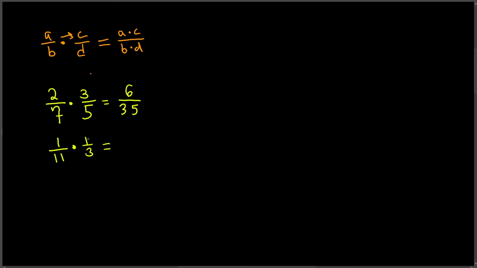The top multiplies to give me 1, and the bottom multiplies to give me 33, so I get 1/33. And if I have 2/3 times 4/7, the top multiplies to give me 8, and the bottom multiplies to give me 21. So multiplication of fractions is relatively straightforward.